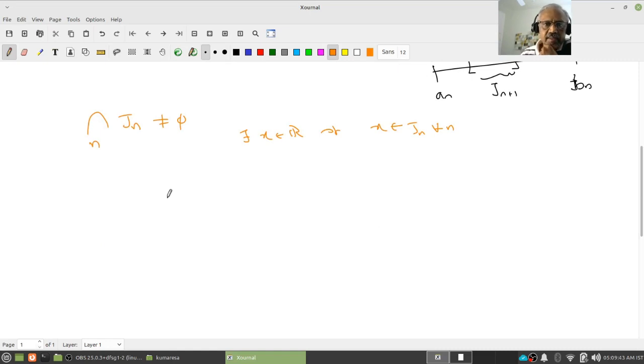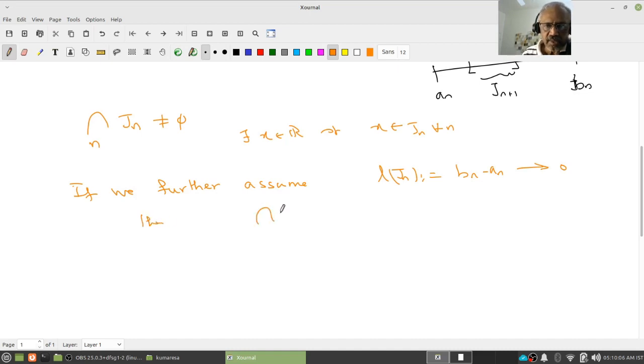But one can say something more if you assume further that the length of Jn, which is by definition bn minus an, as a sequence of real numbers goes to 0.